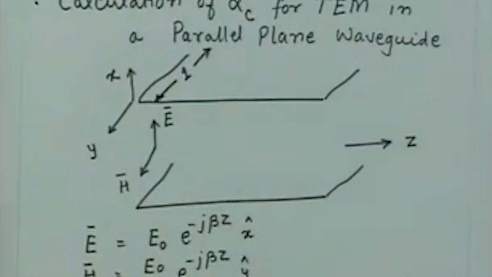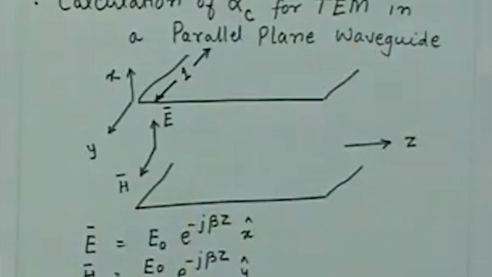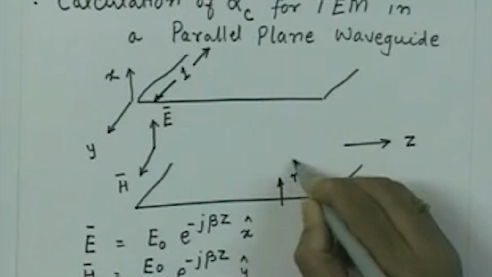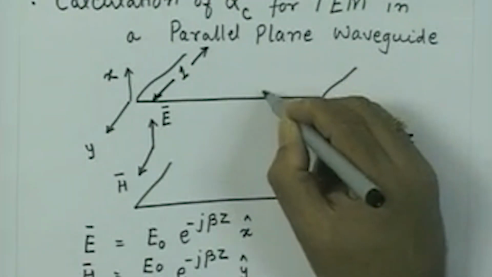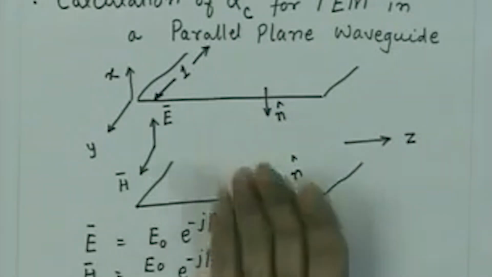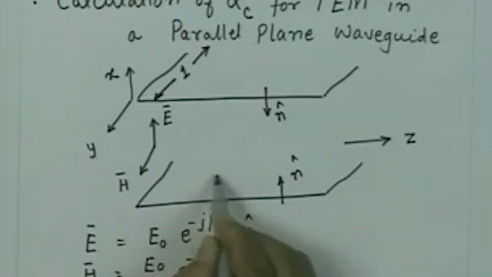Now note here this H, which is not varying as a function of y, it is constant, whose amplitude is E0 upon eta. On this wall, the magnetic field will be in y direction, here also the magnetic field will be in y direction. And as we saw last time, the normal to the surface will be upwards here, unit normal which is like that, and we will have unit normal for the upper surface which will be like that. So if I go by n cross H, so this is n, H is coming out, so if I use n cross H right hand, then the J will be flowing in this direction.